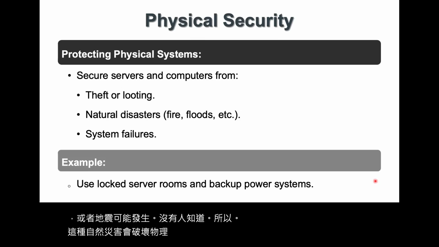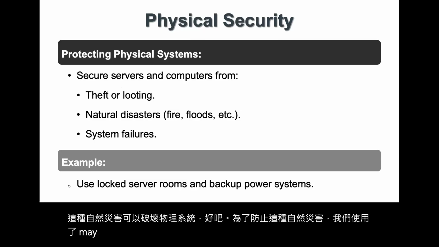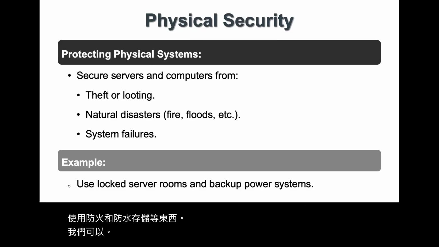To protect against it, we use things like fireproof and waterproof storage, so we can keep the database safe. And then we place the servers in a location that is less likely to be affected by disasters.